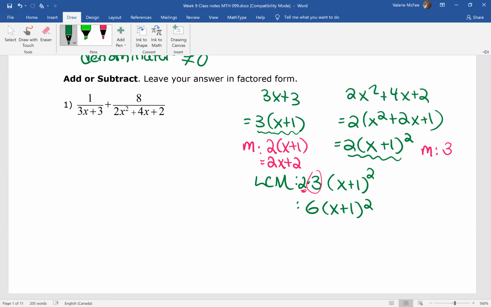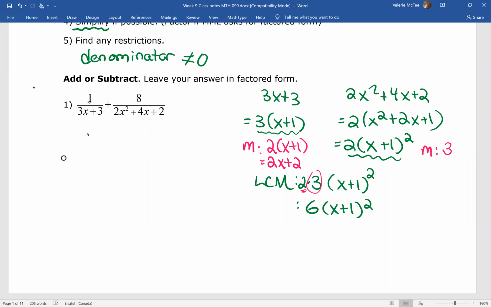Now let's draw this out here. My first expression, let me get rid of that cursor there. There we go. Maybe this will make it a little bit easier to see. I'm going to write the denominators in factored form. Oops, that was a 1. So remember, we want these to be the same denominator.